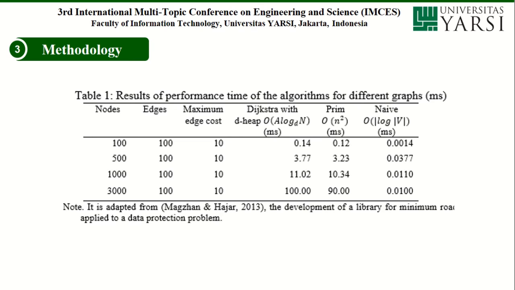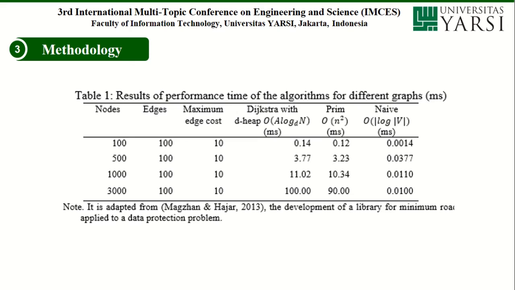So, the results of performance timing algorithms for different graphs show that this is adapted from the library applied protection problem, because the non-native algorithm does not consider the comparison to obtain the shortest distance with the adjustment nodes. Unlike the others, it is the most efficient with the relative efficiency of O.